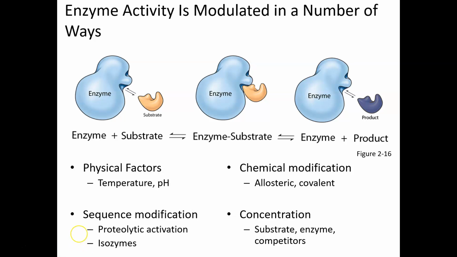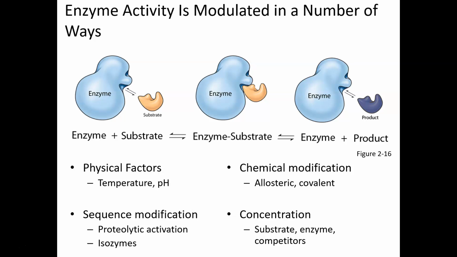So we have the same enzyme in different tissue that work a little bit differently. As an example, there's an enzyme called lactate dehydrogenase that is different in the heart than it is in skeletal muscle. There's also another one called phosphofructose kinase, which is different in different muscle tissues as well. So those are called isozymes. Same enzyme, different tissue, but it's not exactly the same. It's very similar, but not exactly the same.